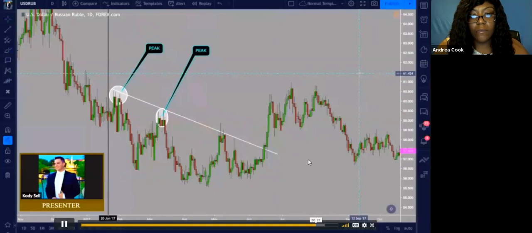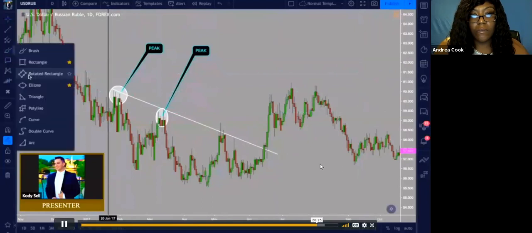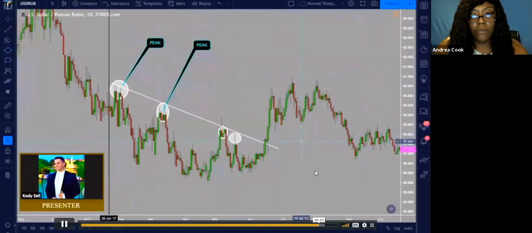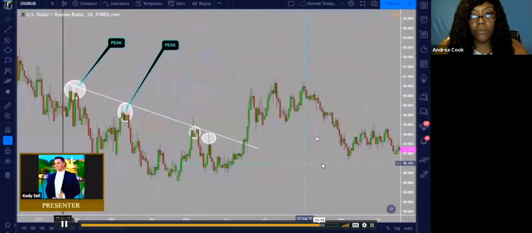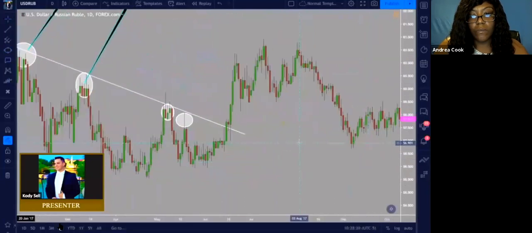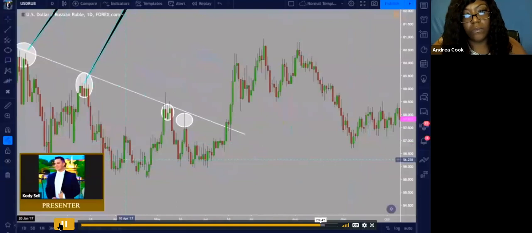Now notice how when we connect these peaks, what happens when price gets back up? We fall again. Then price comes back up right here, we fall again. Remember when we discussed support and resistance horizontally, we'd like to see that it takes strong momentum to break through the level. It lets us know that level is indeed strong and something we can rely on from a fundamental standpoint.